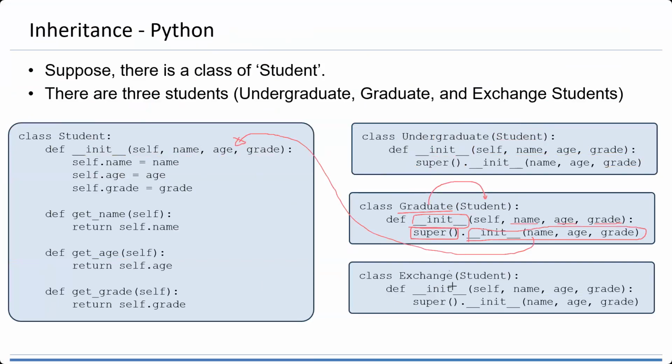The same with the exchange student. The exchange student inherits the student properties, and the constructor of this exchange student follows with the parameters name, age, and grade, and it goes to the superclass. We construct the name, age, and grade from the superclass. Now let's see.